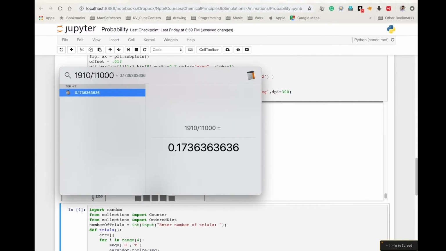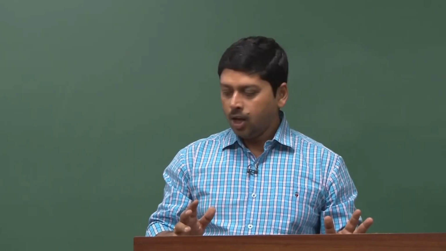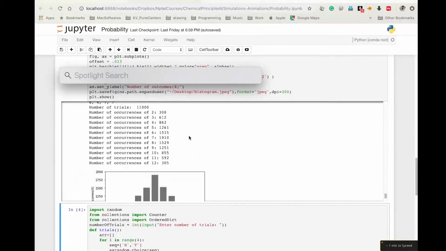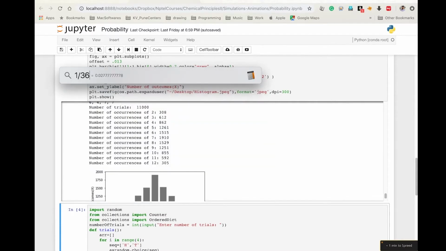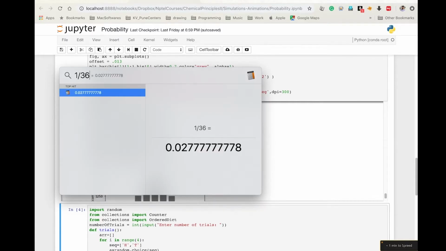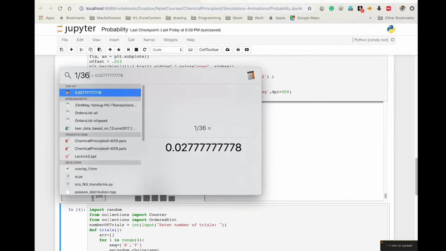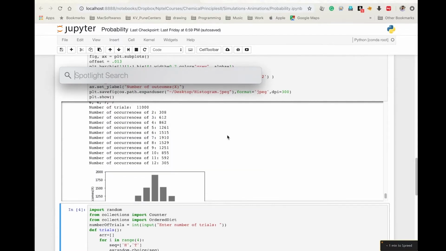We are expecting 0.167. So, although it becomes symmetric, it is still not perfect yet. What is the probability of 2? It is 1 by 36. 308 divided by 11,000 is 0.028, and 1 by 36 means 0.0277, which is 0.028. So, 2 has come correctly, but not the 7.